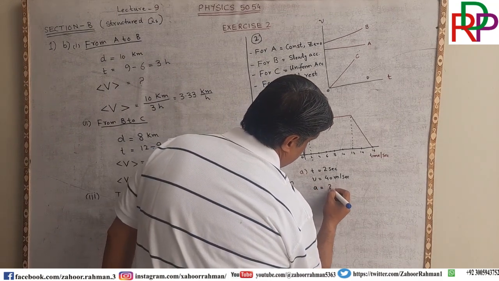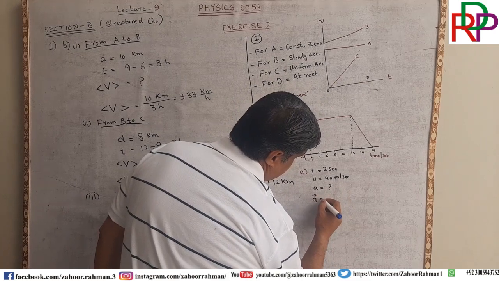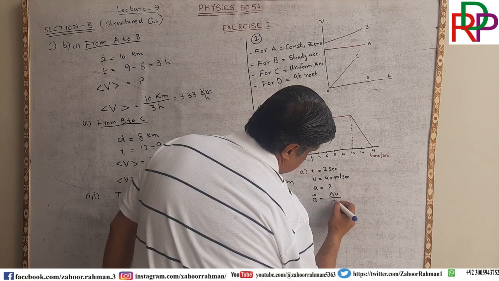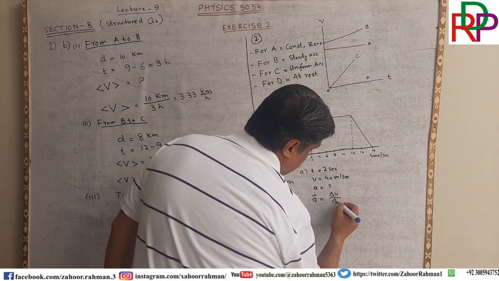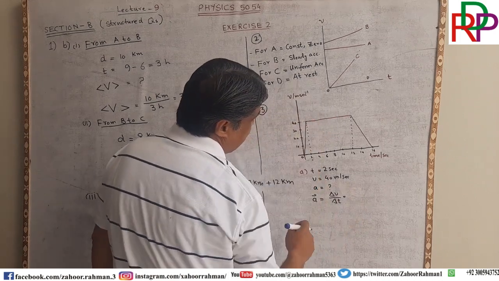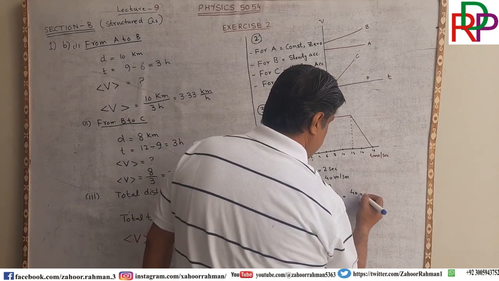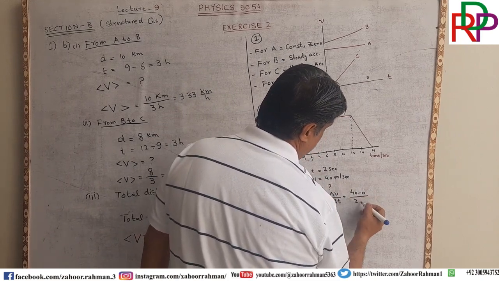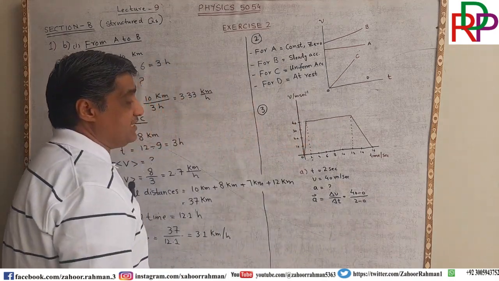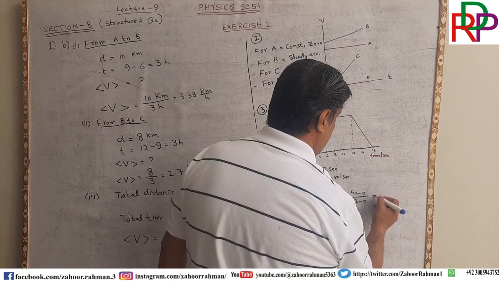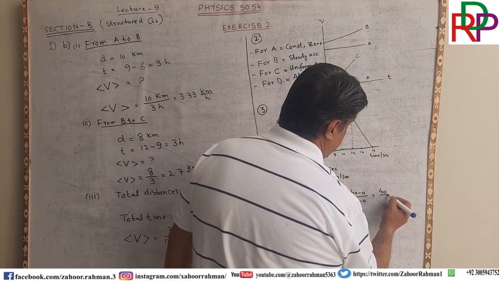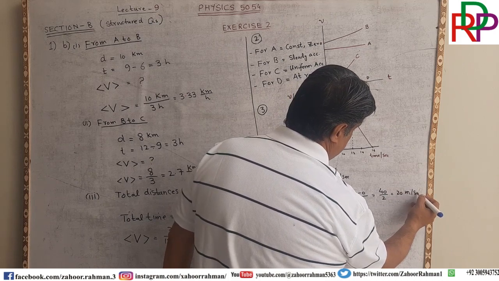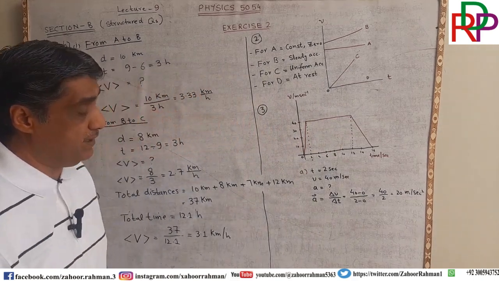So acceleration a is equal to delta v divided by delta t. Because it is starting from 0, so 40 minus 0 is the change, and it is also starting from 0 and 2 is the final. So from final, if we are subtracting initial, then it will be 2. So 40 divided by 2, which is equal to 20 meter per second square, is the answer for part number A.